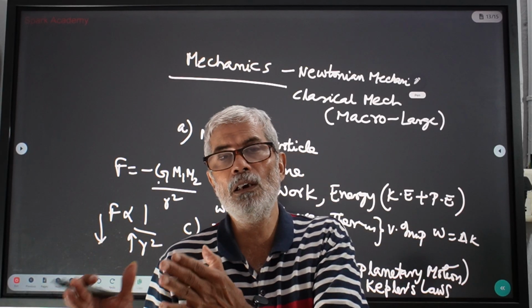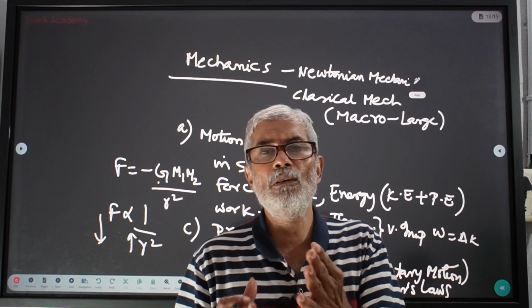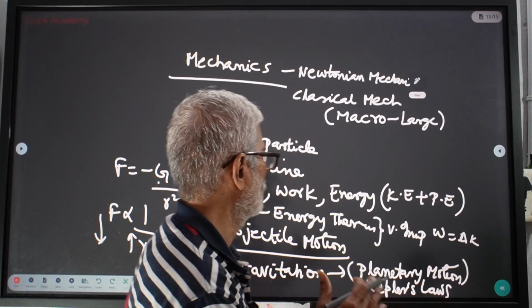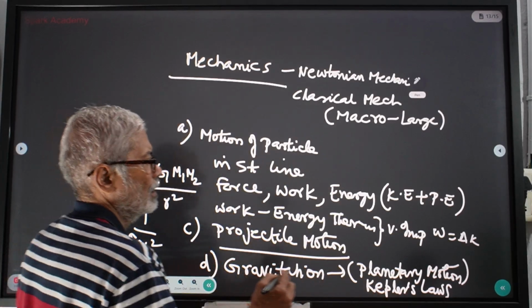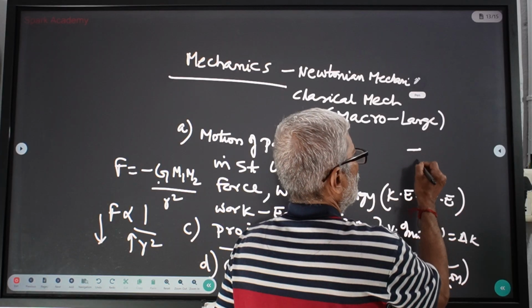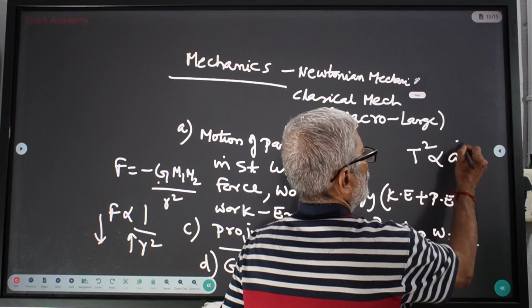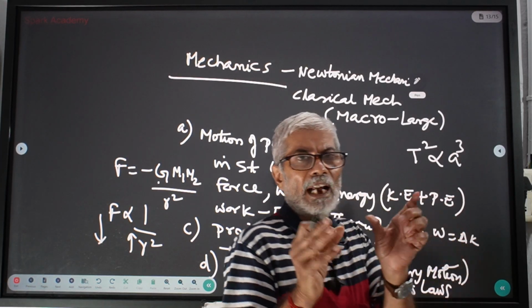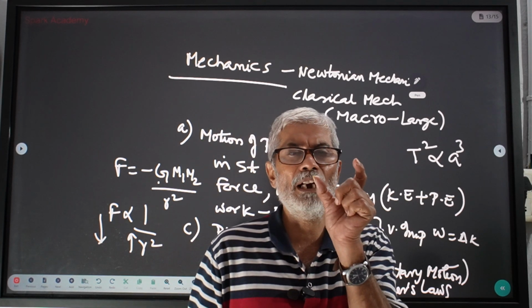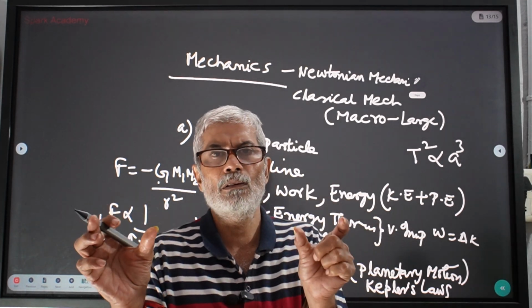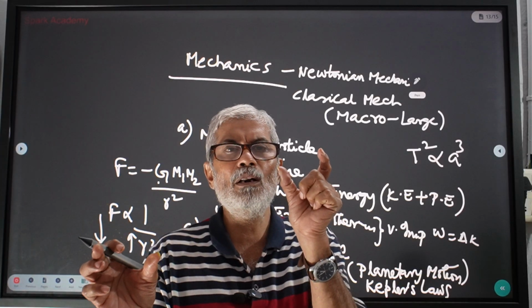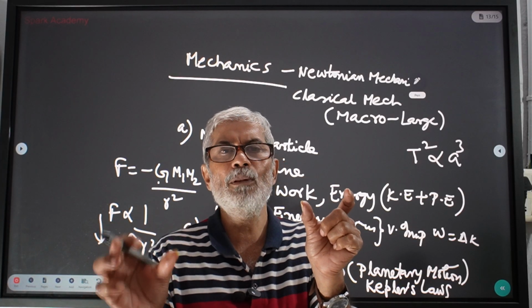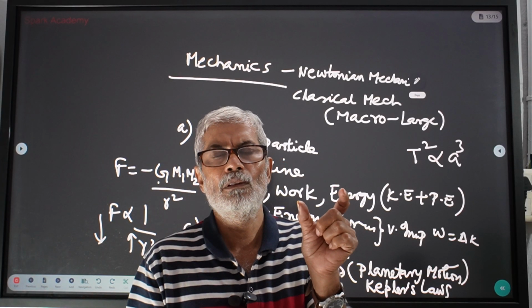Kepler's third law. The third law is very, very important. T square is proportional to A cube. T is nothing but the time period of planets. Suppose you take Mars and Jupiter. The time period of Mars is given, the time period of Jupiter is not given.